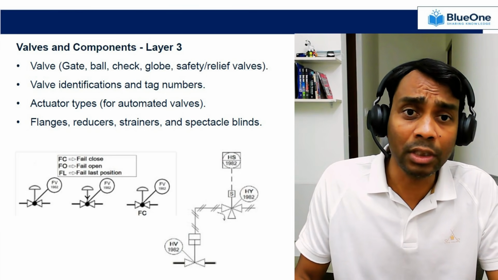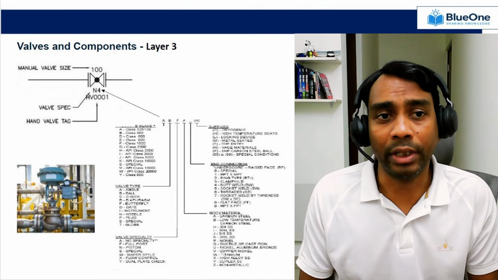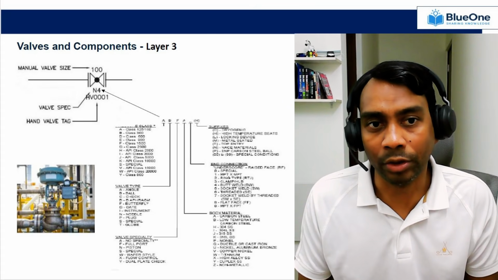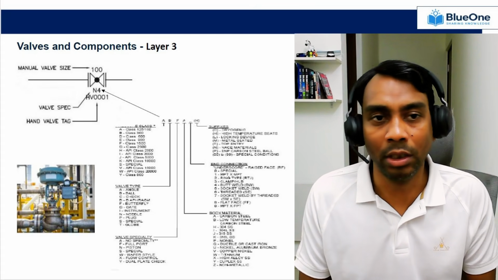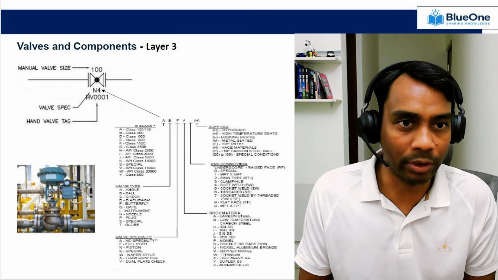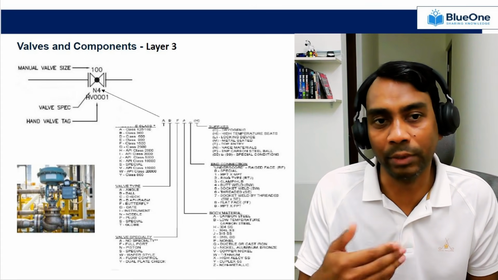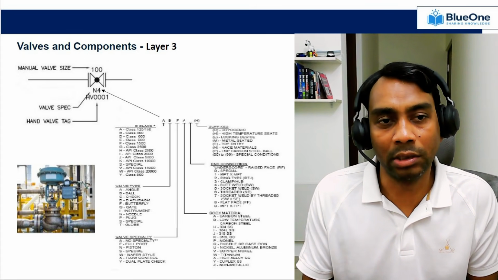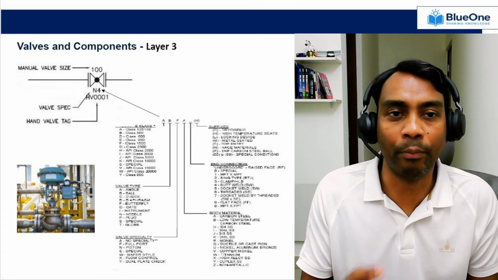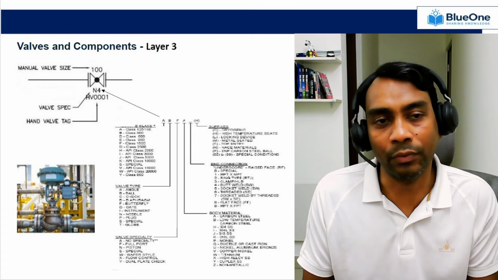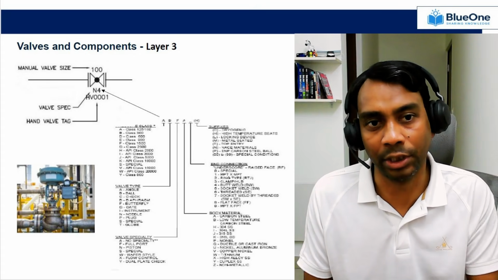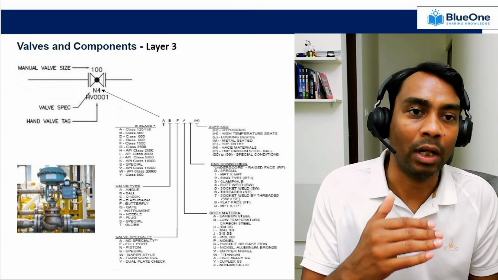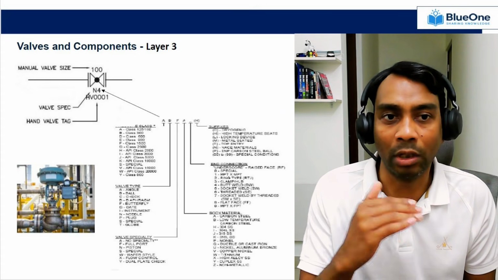Now, how to identify the type of the valve or more information about the valve. If you look at this particular diagram, and if you see the P&ID, the valves in the P&ID will have a basic coding. For example, if you see a manual valve, the size is written here, you can see there is a valve spec written there and then the valve tag number.